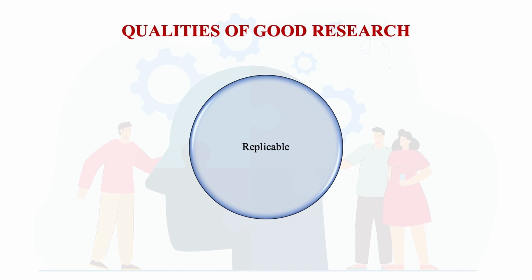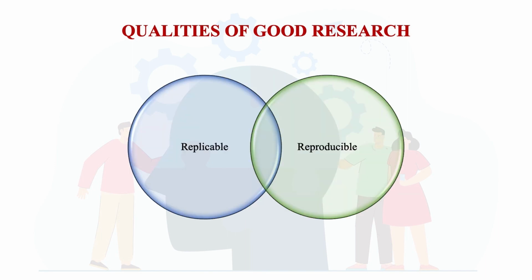Then, qualities of good research. When you talk about any good research, whether in physical science or social science, you always find somebody says research found this. We believe that because we always think there is some methodology behind it, there is replicability, reproducibility, transparency. That's why people value research.